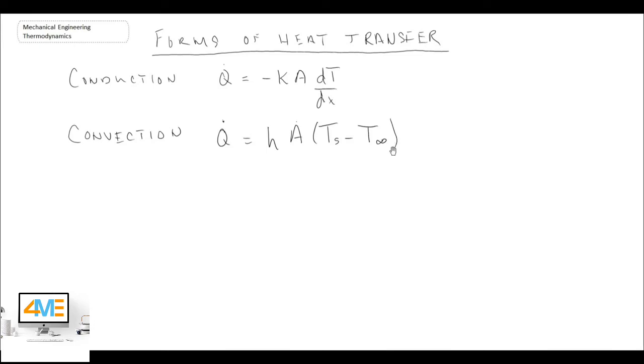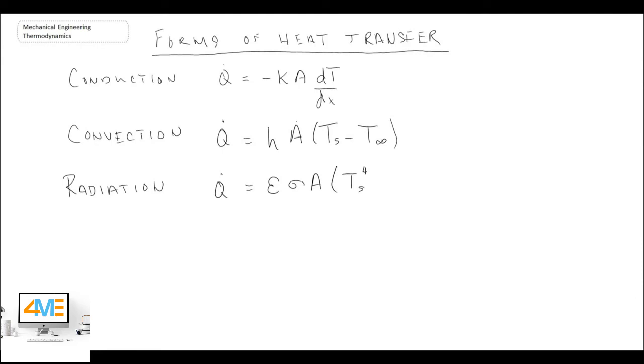Finally, there's another form of heat transfer that is a little different from the first two, and that is radiative or radiation heat transfer. The reason it's different is that you do not need physical contact between one surface and another in order to have this form of heat transfer. The way that it is expressed, we have an emissivity coefficient, the Stefan-Boltzmann constant, the area, and then the surface temperature of the object raised to the power 4.